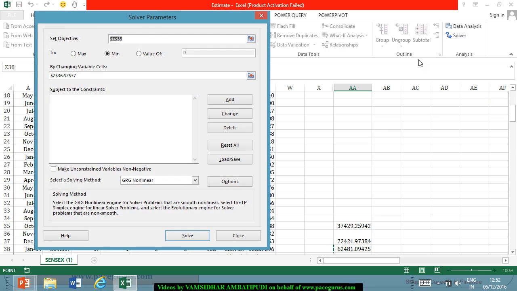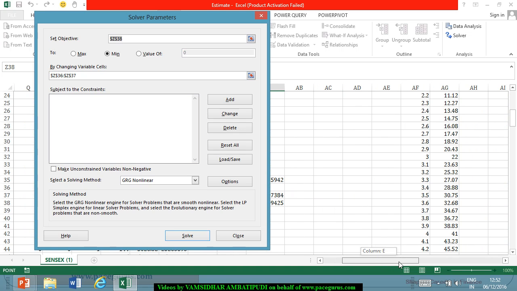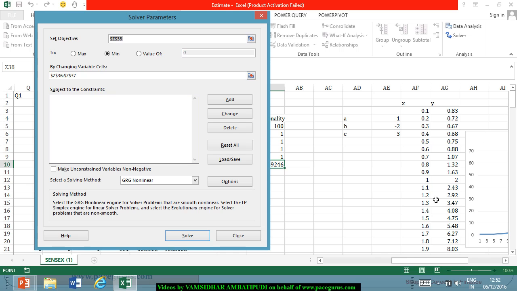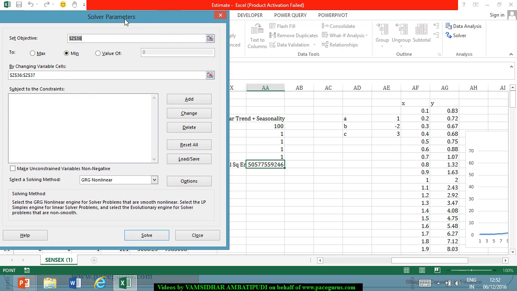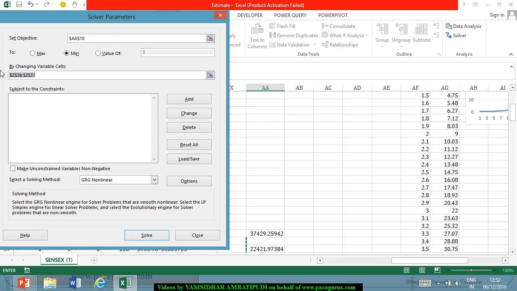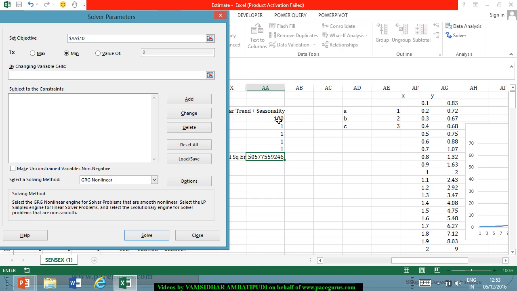So I'll use Solver for this purpose, where I want to minimize this particular value, changing these variables. These are the values that I want to change, all else remaining the same.